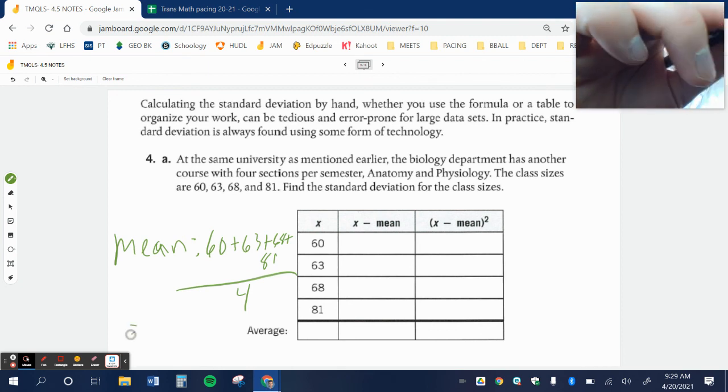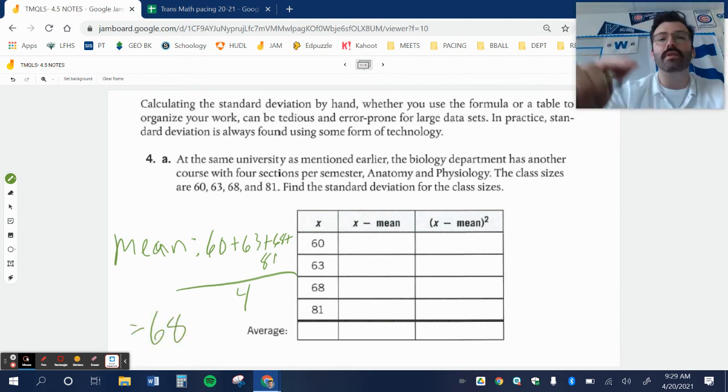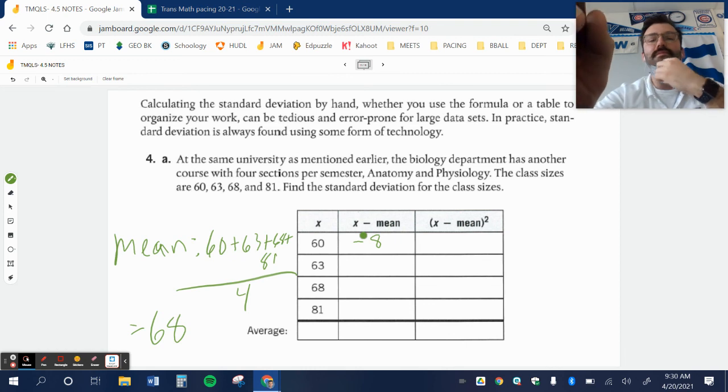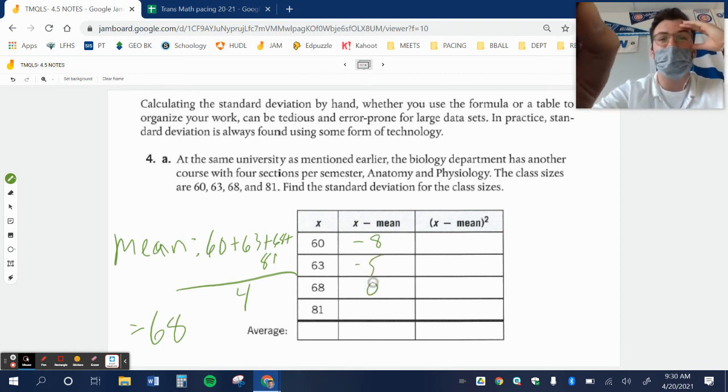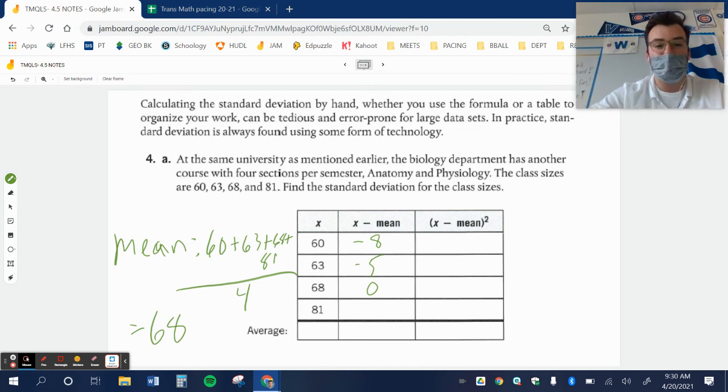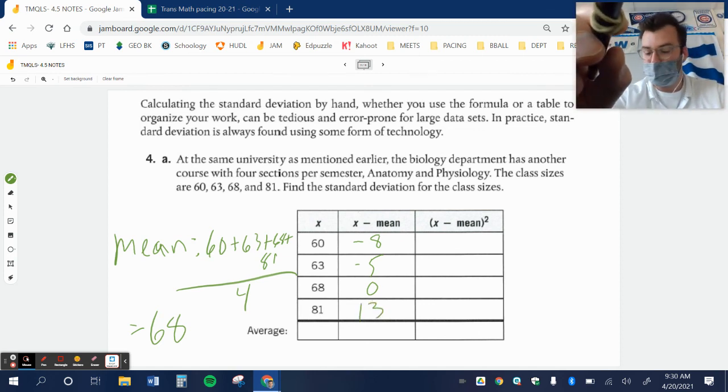The mean ends up being 68. X minus the mean: 60 minus 68, I get negative 8. 63 minus 68, negative 5, 0, and 13. So our average, which we just found ourselves, was 68.